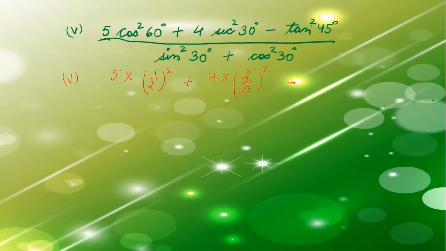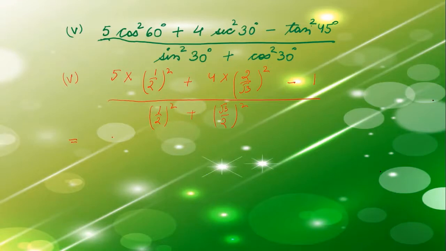whole square minus tan 45 is 1, divided by sin 30 is 1 upon 2 whole square plus cos 30 is your root 3 by 2 whole square. Now solve it.